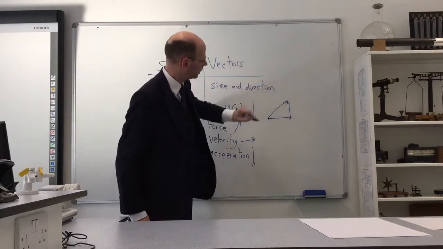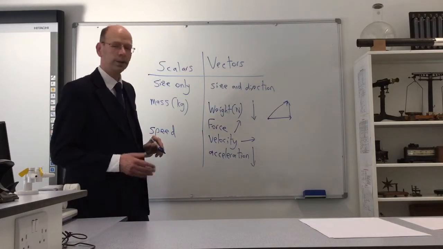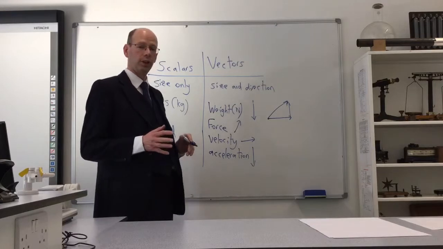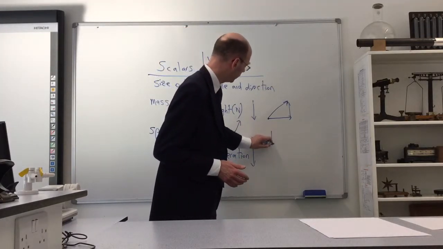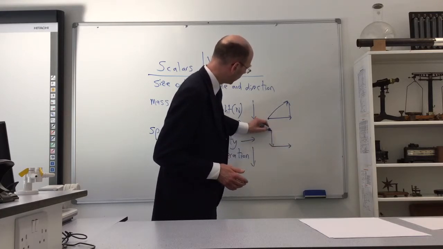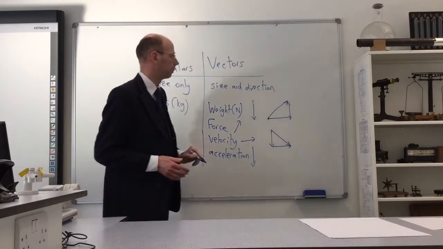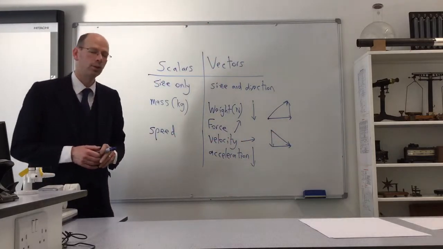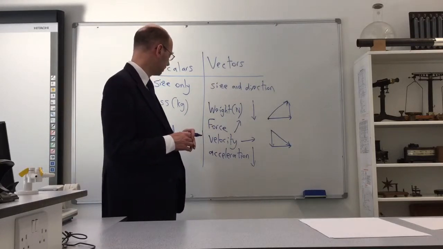So I can put my arrows together top to tail and I can add them up. And this is important when we're combining forces. Suppose, for example, I have a force that's pushing something downwards and another force which is pushing it sideways. Well, that again is going to be the same as a single force going in that direction. So vector quantities can be added up by putting the vectors top to tail.